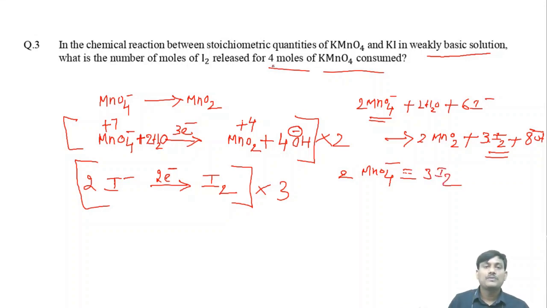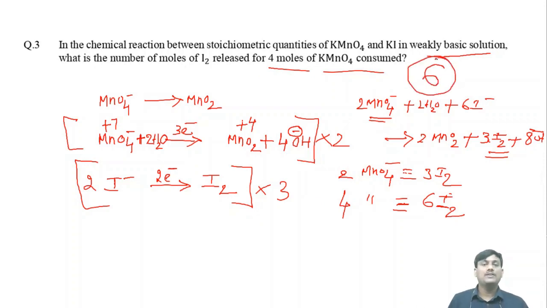When you use 4 moles of MnO4 minus, obviously it's double the 3, so 6I2. For 2 moles it is 3, for 4 moles it will be 6. So what is the answer? How many moles of I2 will be released in basic medium? 6 moles of I2 will be released.